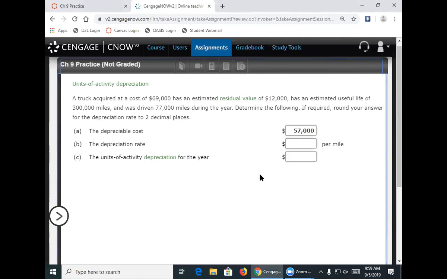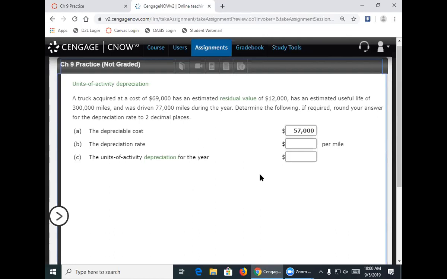Next, we're getting into the actual depreciation rate. So you're going to take depreciable cost divided by useful life, and this is going to be in miles in this case.